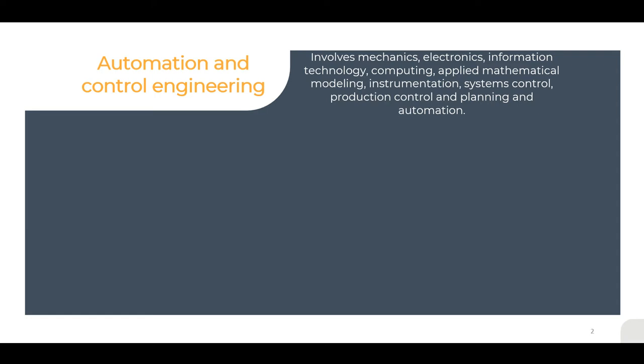And then some computing, you need to do some processing to say, for this not to happen, let me check this. For this to happen, let me add this and that, so that I can come up with this. So that's the computing part, the processing. And then we have applied mathematical modeling.